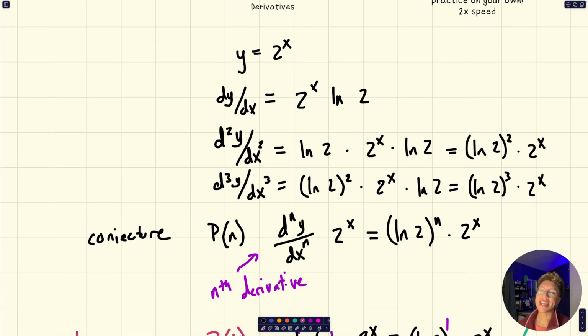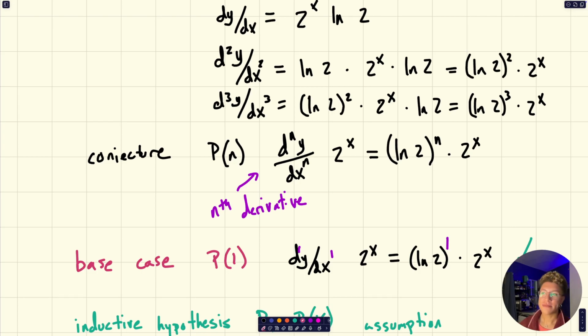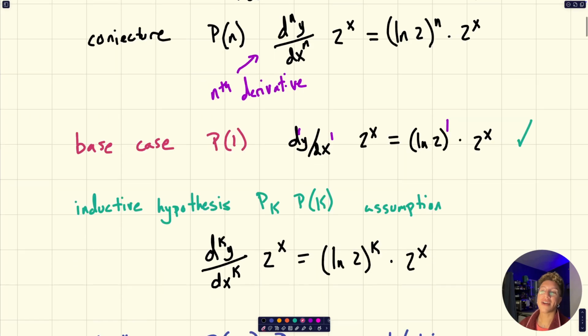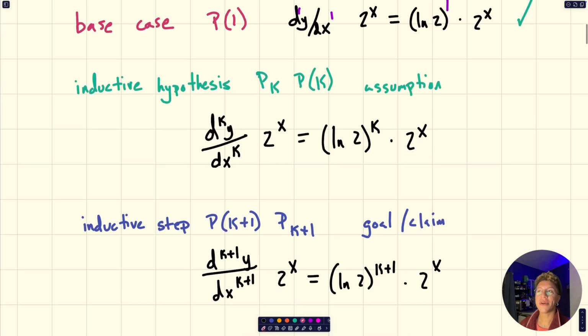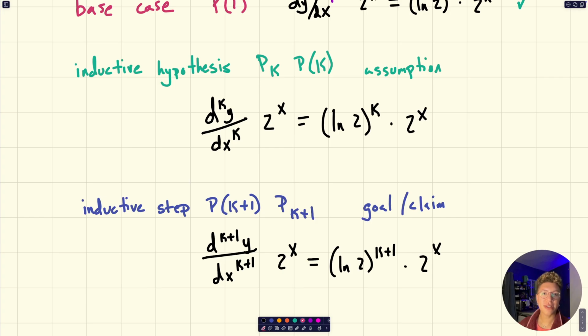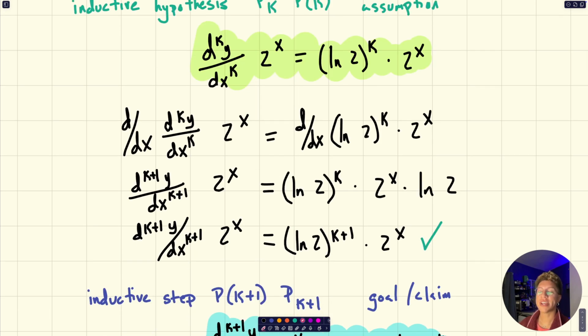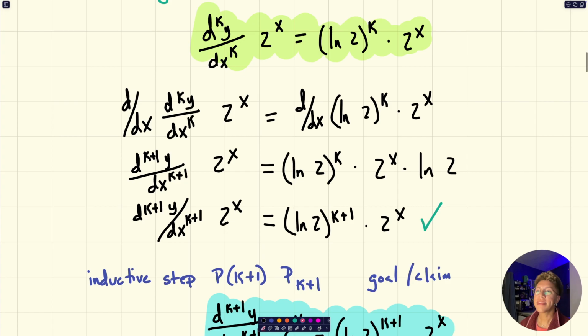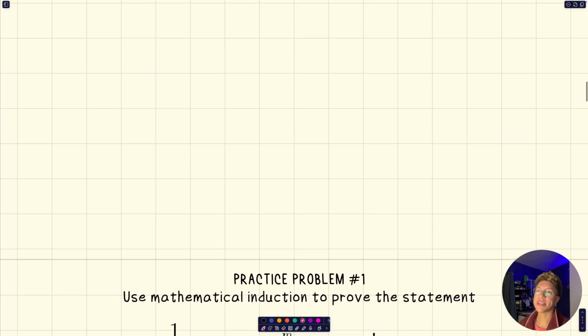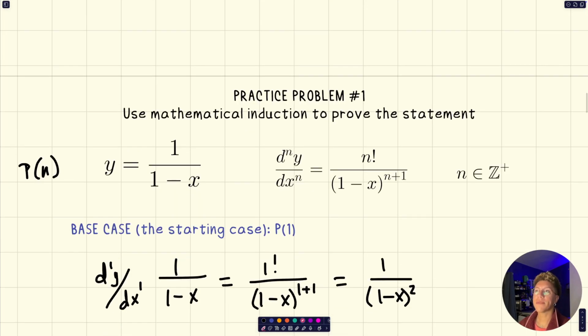So we see here that proof by induction for derivatives is very similar to everything we've done in the first 3 parts of this series. We do our base case, we write down our assumption, and the only new part is that to go from our assumption to our inductive step, our goal claim, we take a derivative, and then we simplify the algebra. We saw that on our very first question, pretty simple. And then we repeated this process for functions that were a little bit more complicated.